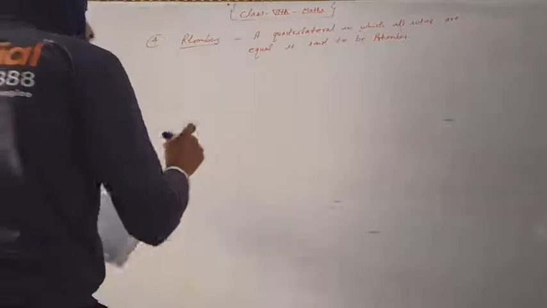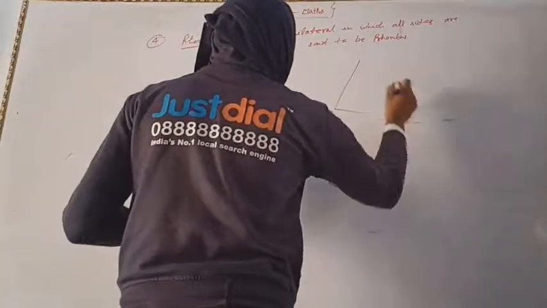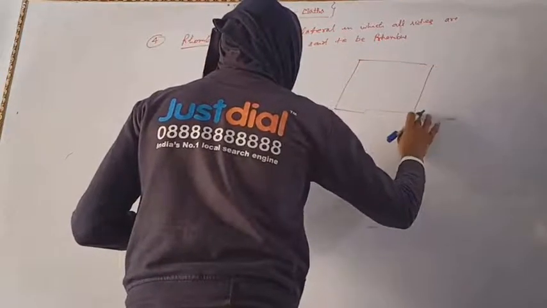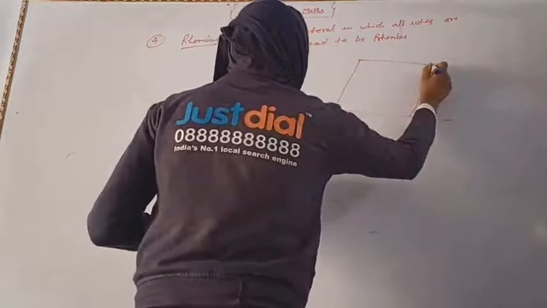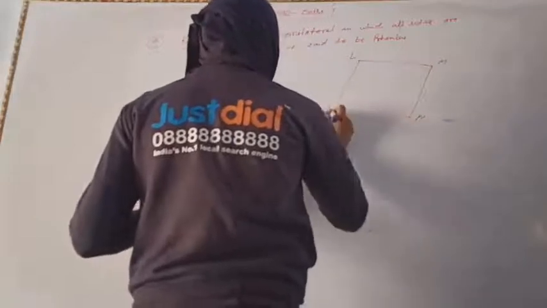Okay, as type of rhombus given that, okay, these are rhombus. Name LMNO given that L, M, N and O.